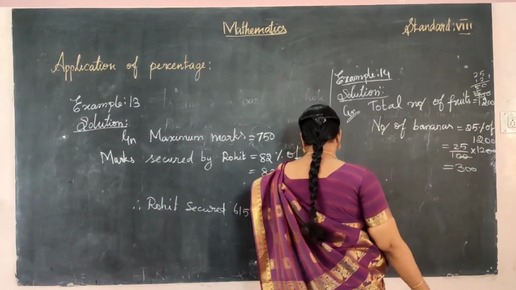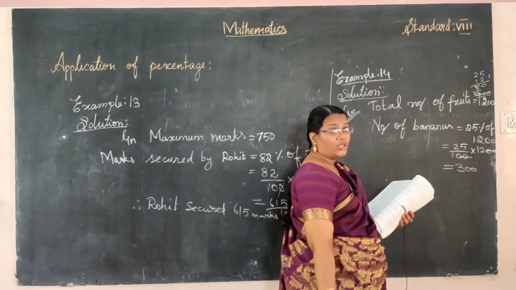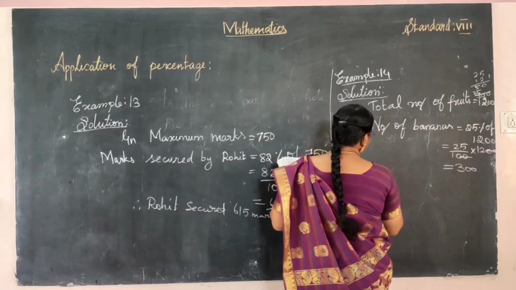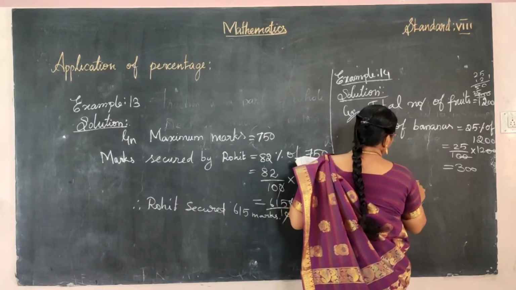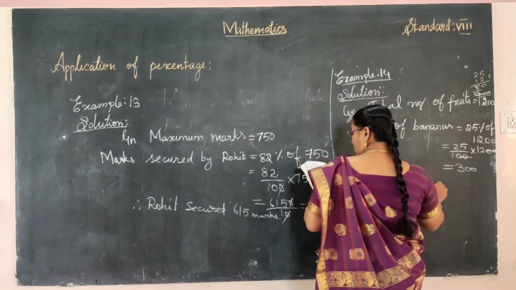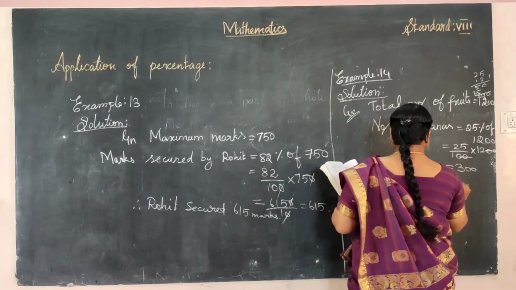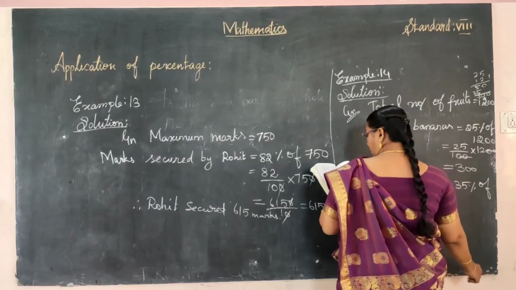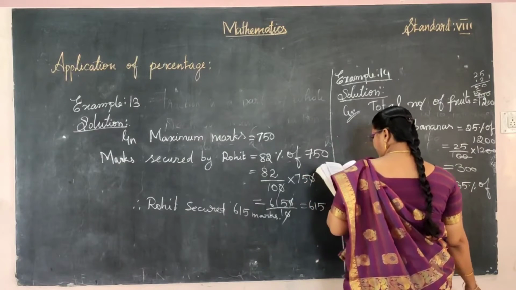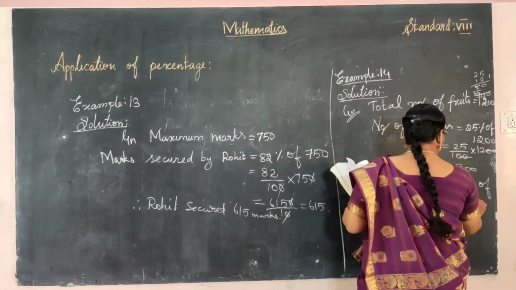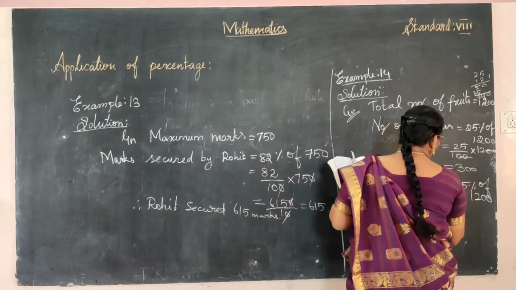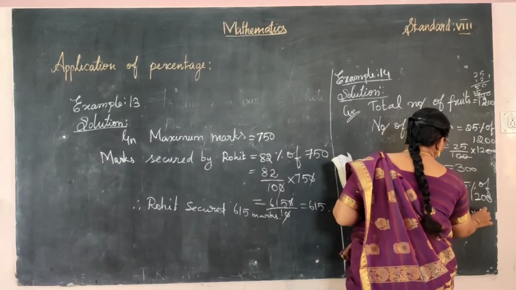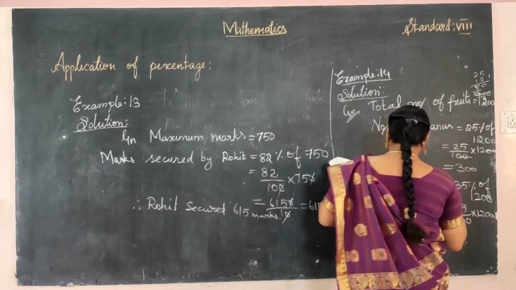And next we have to find 35% of oranges. So the number of oranges is equal to 35% of 1200, so 35 by 100 into 1200.